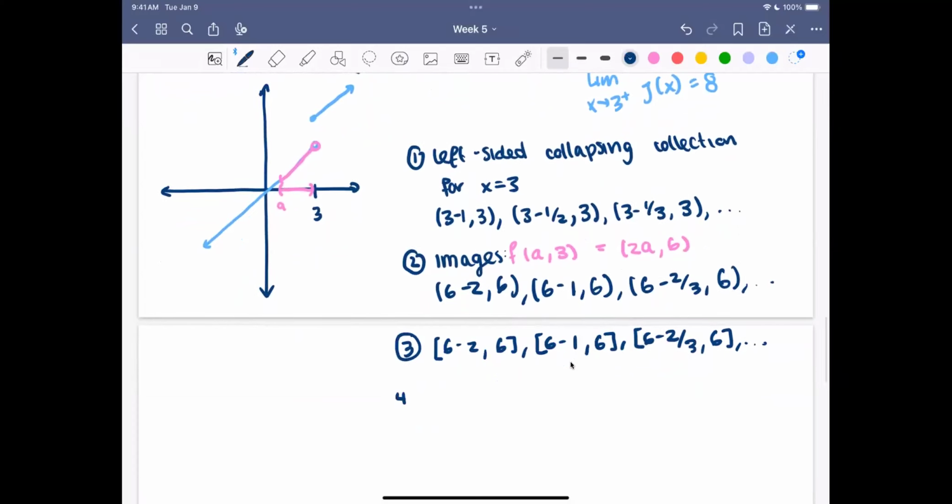Okay, so step 4, is this a collapsing collection containing some number? And what is the number? 6. Yeah, so for sure 6 is in all of these, right? Because you can see the right endpoints are always 6 and it's a closed interval. So 6 is in there. Why is this a collapsing collection?